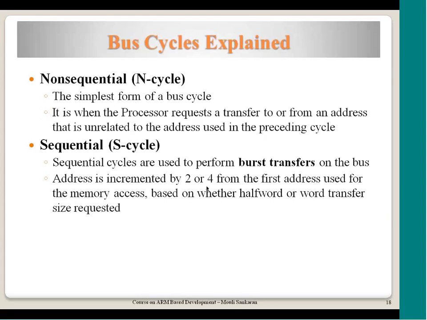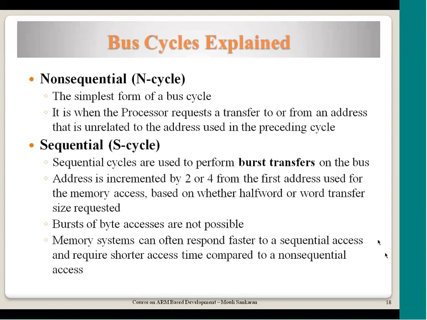So ARM has provided that provision: through half-word transfer, it can talk to a memory with a 16-bit data bus, and it has to perform all the operations of the memory only in the half-word mode, and it could perform even burst transfers with the memory if the memory controller supports. And the memory system can often respond faster, as I told you, in the sequential access.